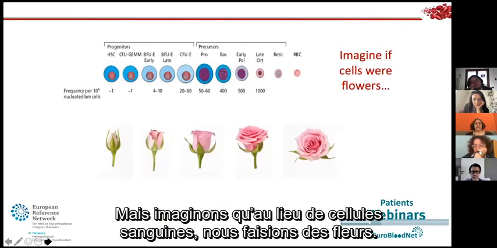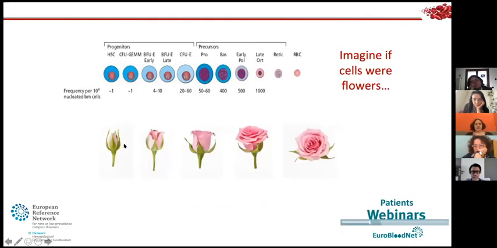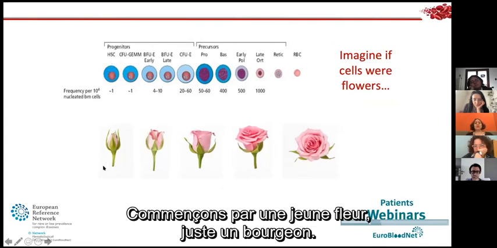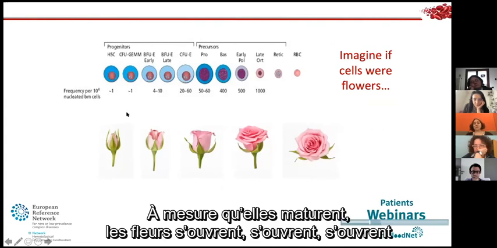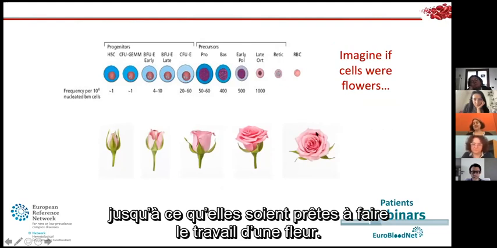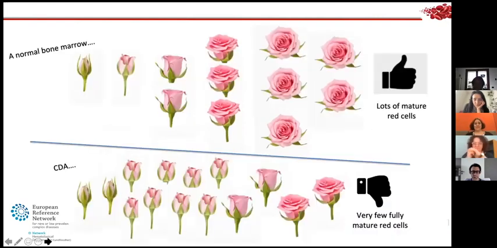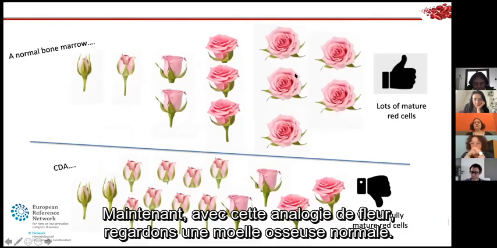But let's imagine that instead of blood cells, we were making flowers. So we would start off with very immature flowers, just the bud. And as they become more and more mature, the flowers are opening until they're ready to do the job of a flower. Now, with this flower analogy, let's look at a normal bone marrow.